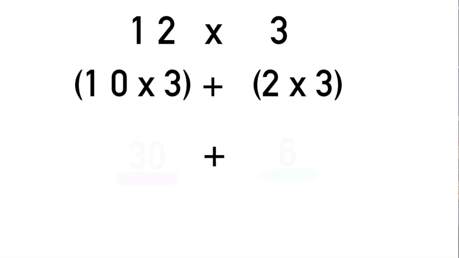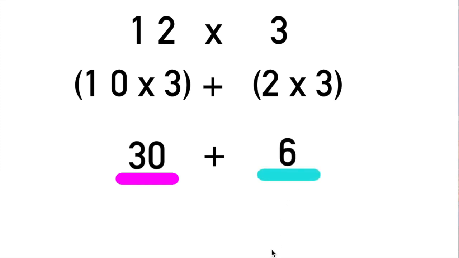Now for the next step, we have 10 times 3 plus 2 times 3. We now need to solve 10 times 3. 10 times 3, 10, 20, 30, 3 tens becomes 30. Now think, 2 times 3. 2 times 3, 2, 4, 6, becomes 6.